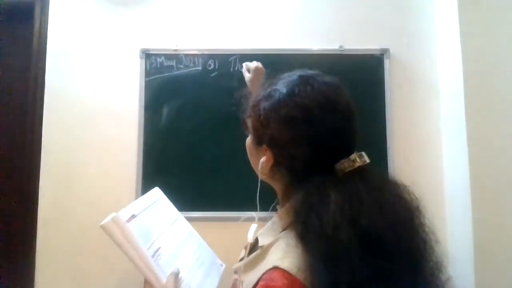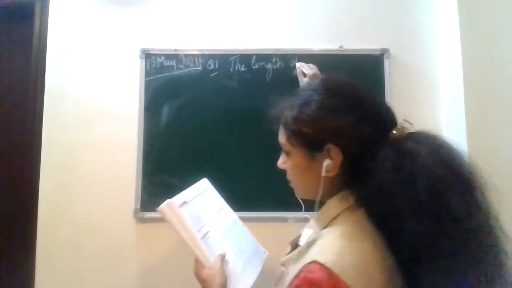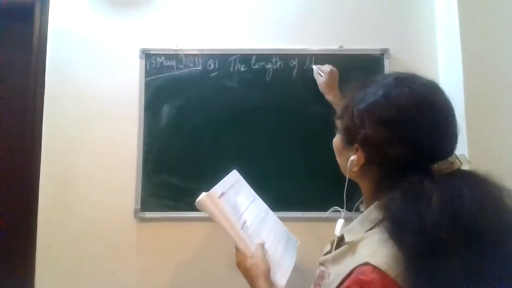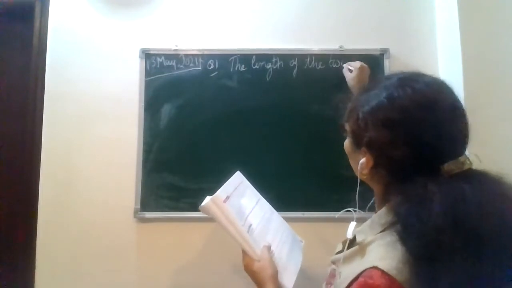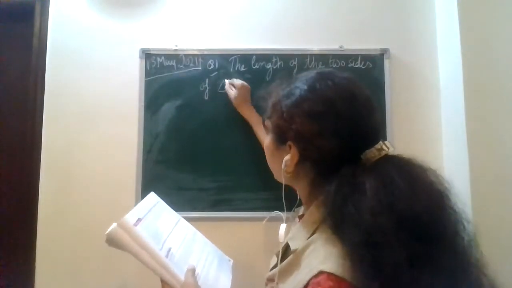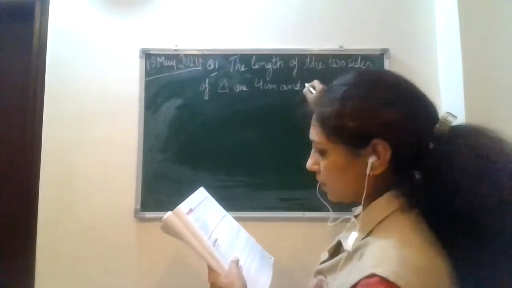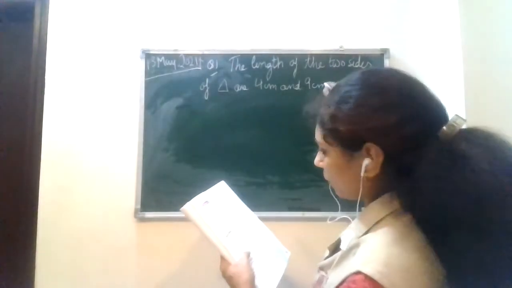Question number 1. The lengths of two sides of a triangle are 4 centimeter and 9 centimeter.